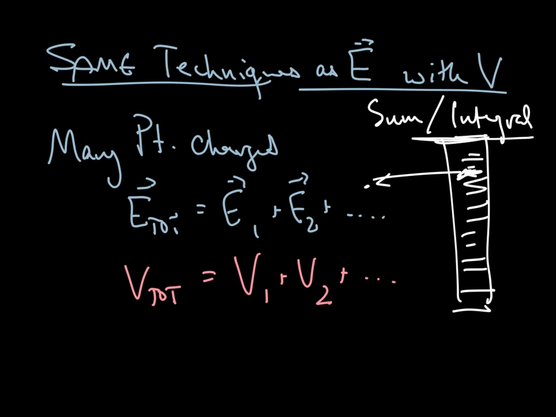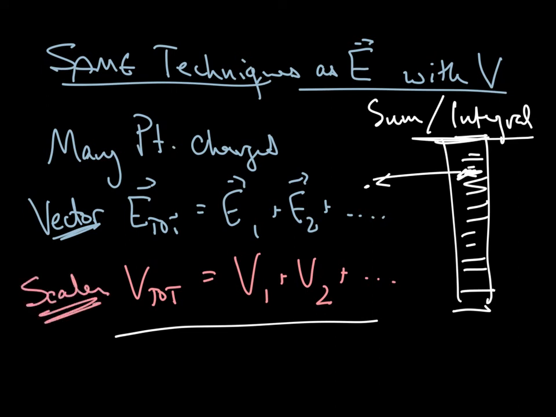We're going to be able to do the same thing for the voltage. And this one will be easier since the voltage has the benefit, remember, our electric field is a vector and our voltage is a scalar. So we won't have to worry about direction when we do the voltage calculations.